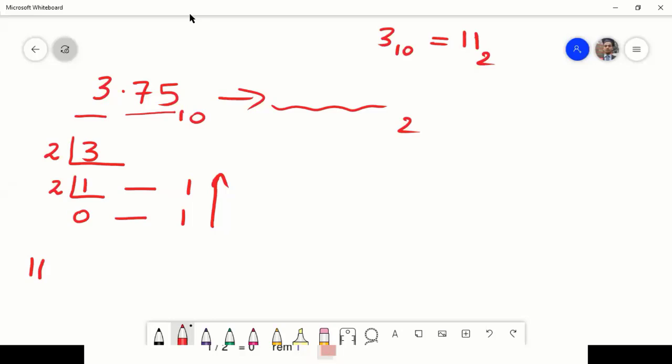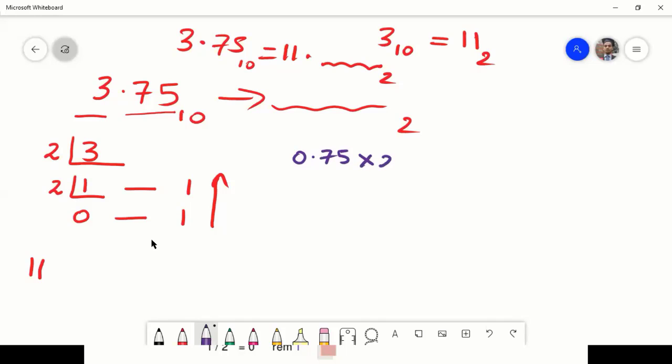Now there are some decimal values, 0.75. Using this 0.75 we have to convert that to a binary fractional number. So 0.75 into 2, we get 1.5.